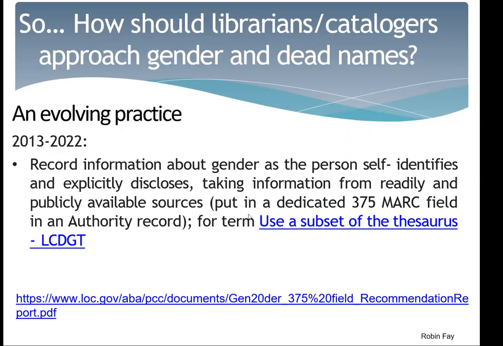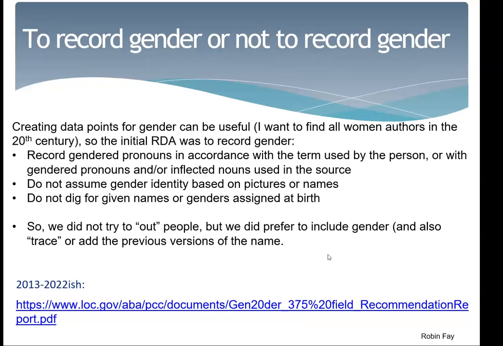We went, very quickly, I would say, from do add this information to no, don't go looking for names or given names to try to determine gender. Don't go looking for genders. Don't try to figure this out on your own. Do not look at photographs of people or names and try to assume gender.